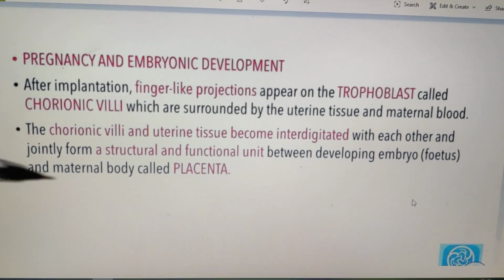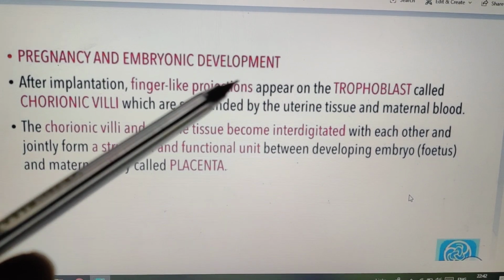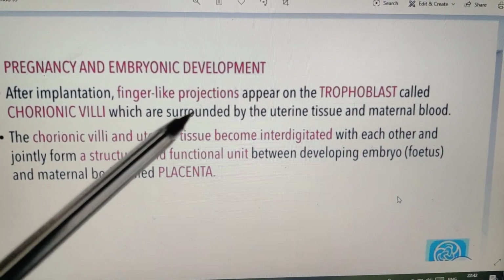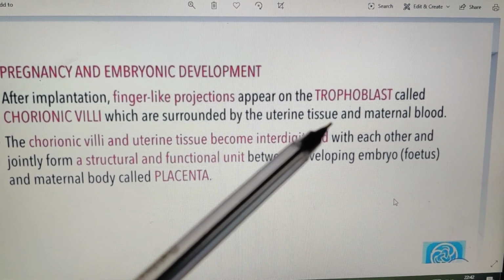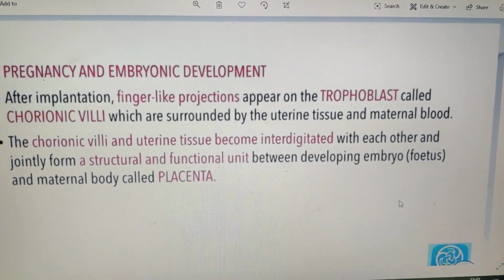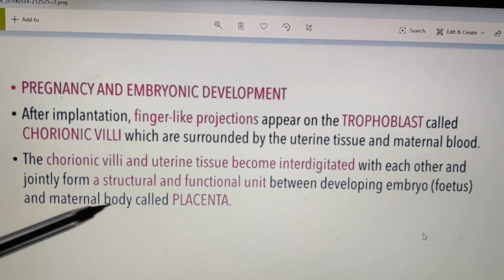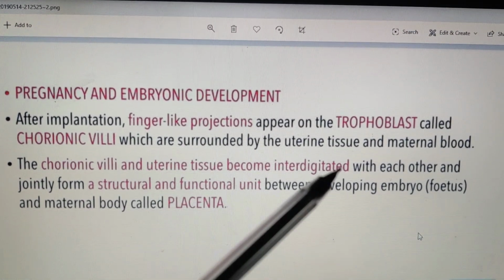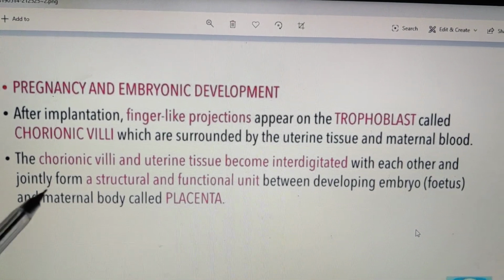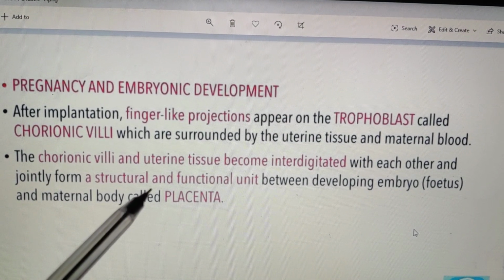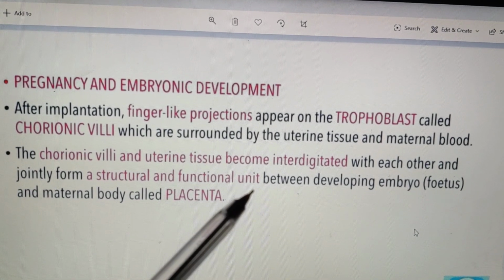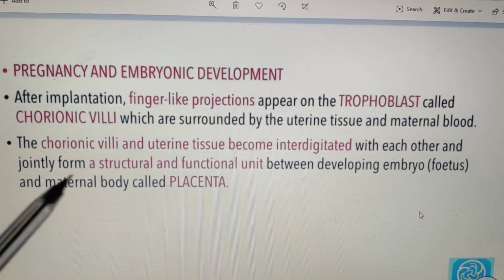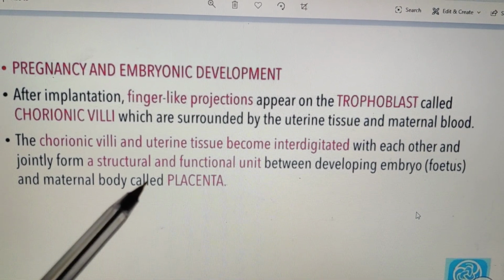So after implantation, finger-like projections appear on the trophoblast called chorionic villi, which are surrounded by the uterine tissue and maternal blood. The chorionic villi and uterine tissue become interdigitated with each other and jointly form a structural and functional unit between the developing embryo, or we can say the fetus, and the maternal body, called placenta.